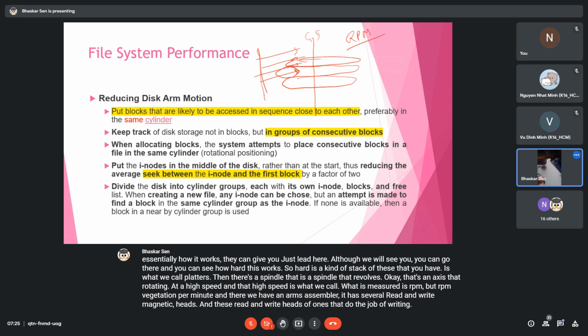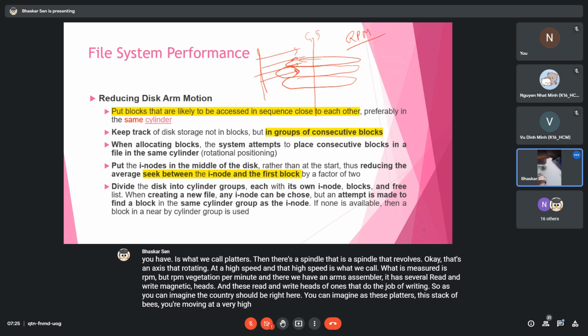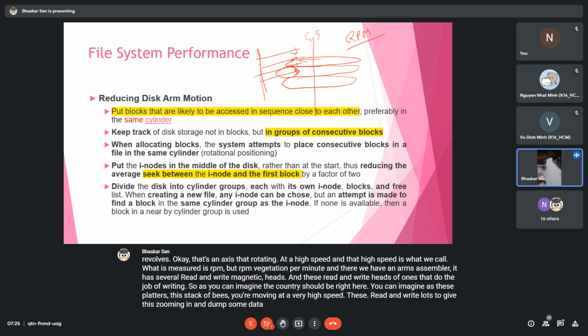So as you can imagine, these platters, this stack of disks, keep moving at a very high speed. The read and write heads keep zooming in, dump some data in a block, and then move back.